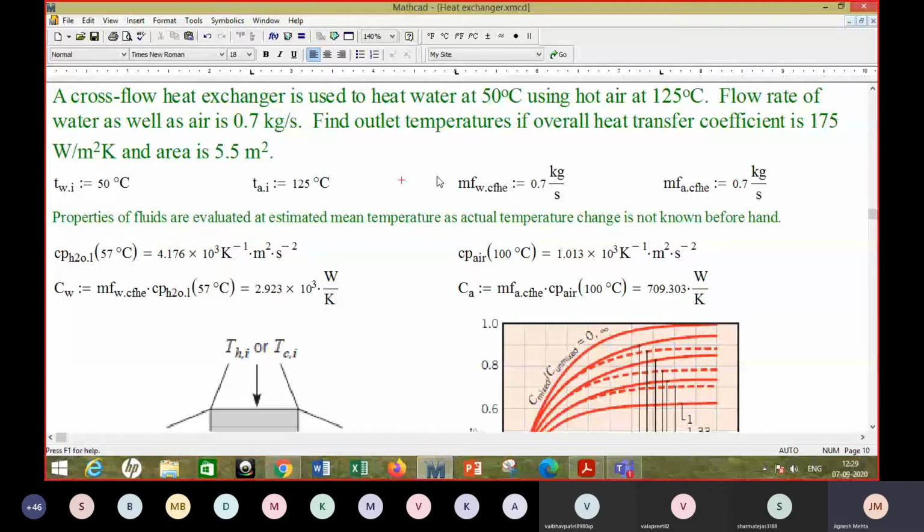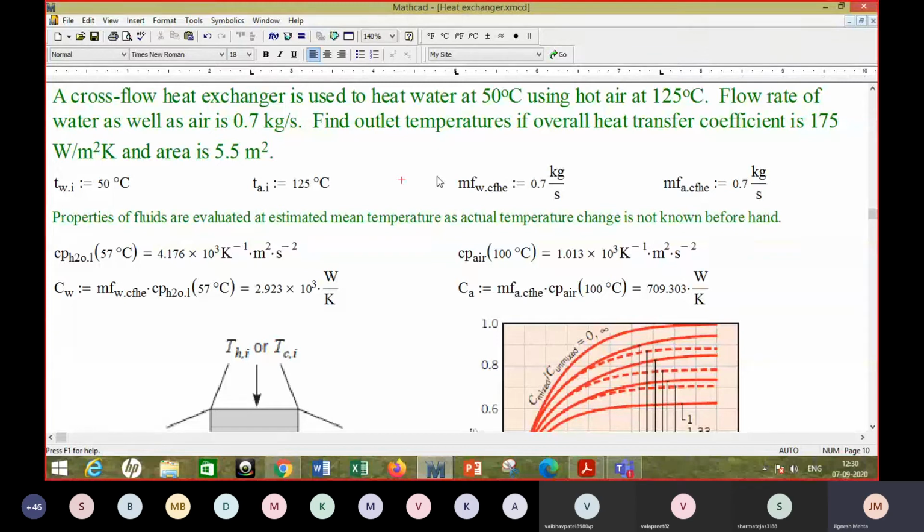For example, let's say it's a stationary IC engine and the exhaust gases are available at 125 degrees Celsius temperature. So you want to put a heat exchanger and use it for heating water, right?